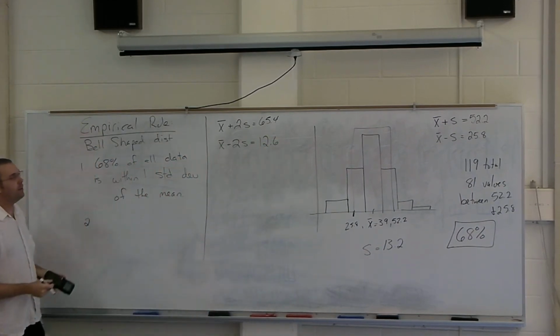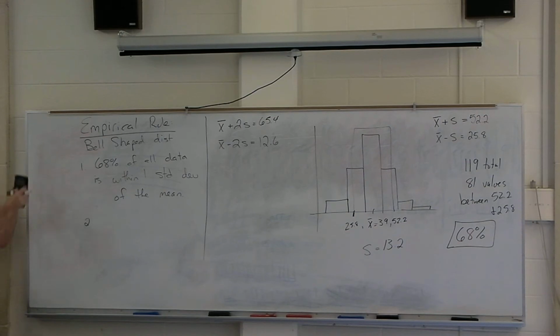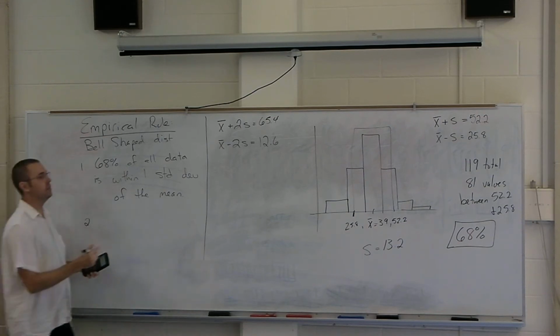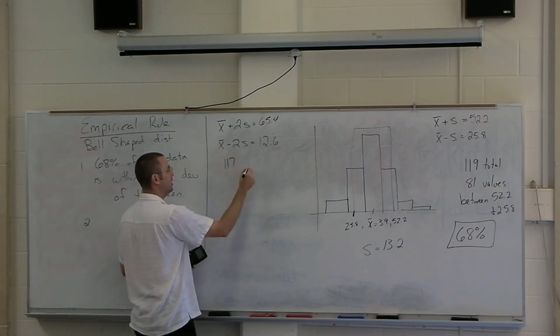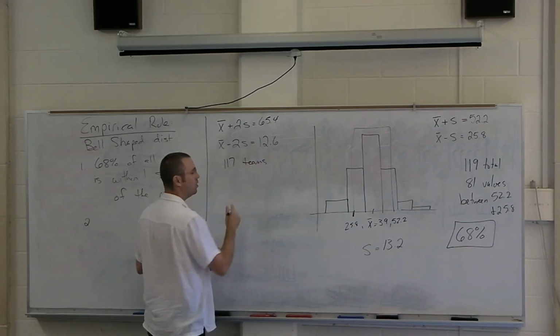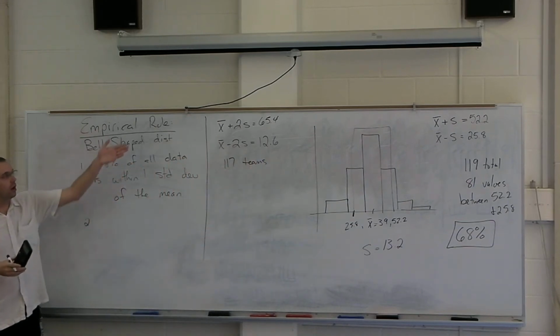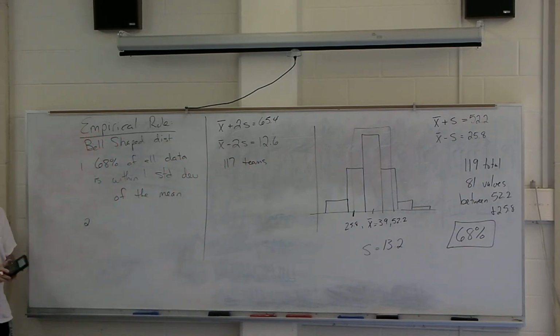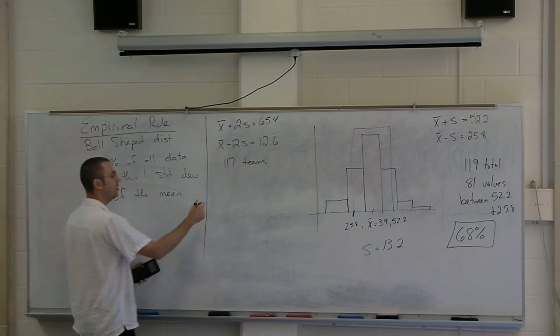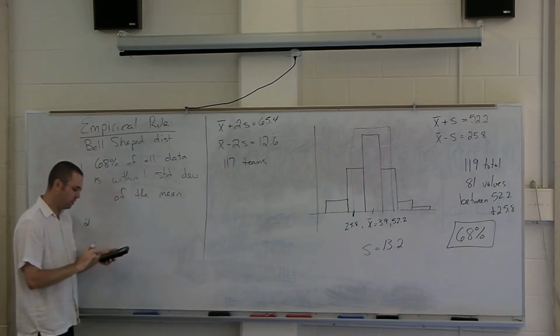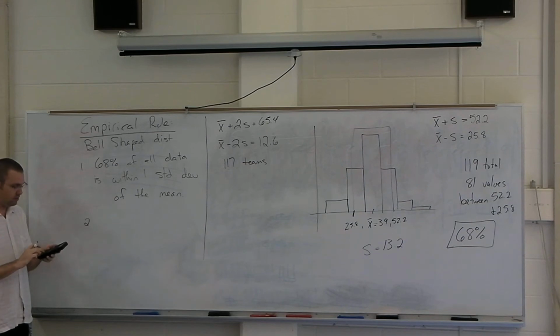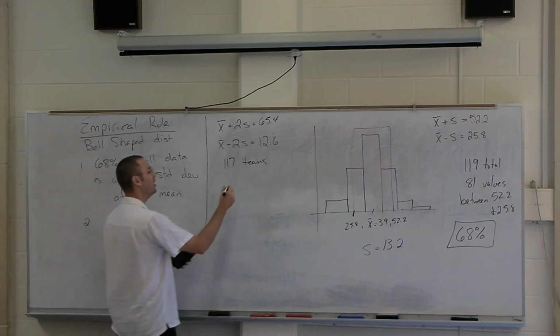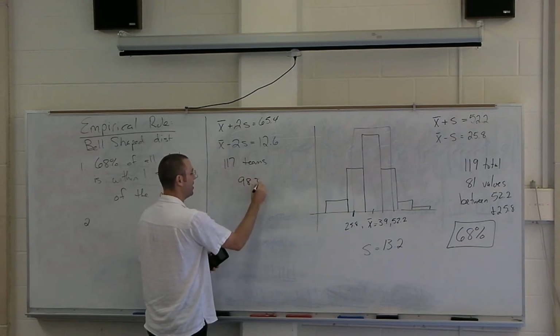If we look and see how many teams fall within this category, there are 117 teams whose touchdown totals are between 12.6 and 65.4. Percentage-wise, that ends up being 98.3.